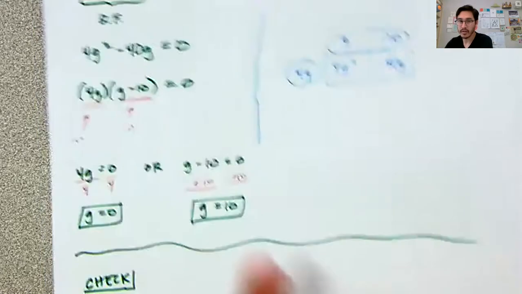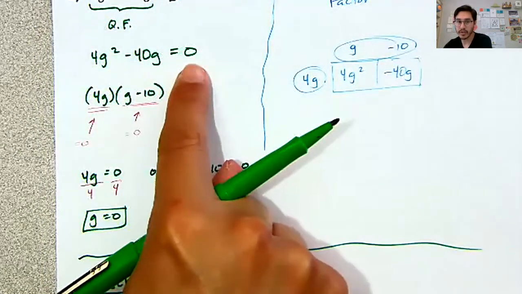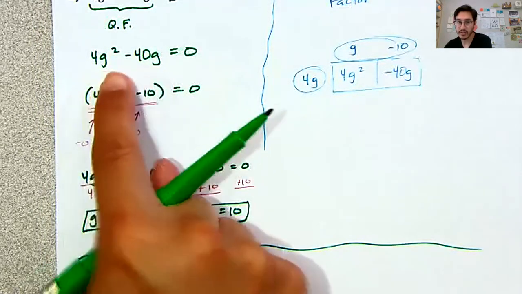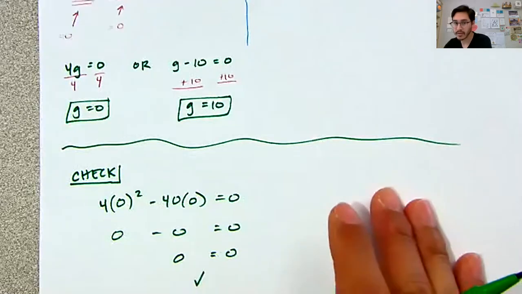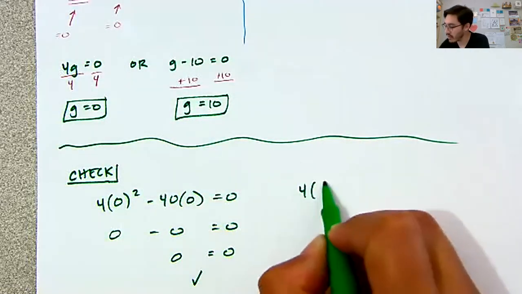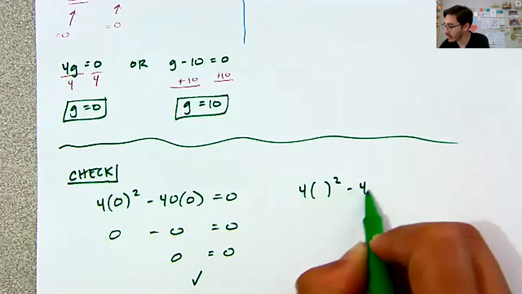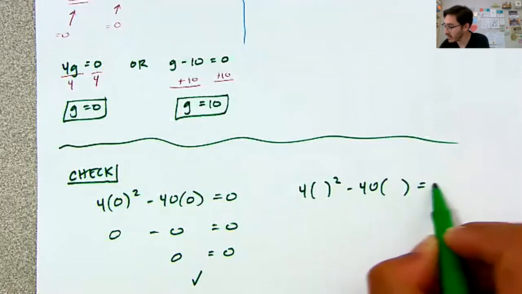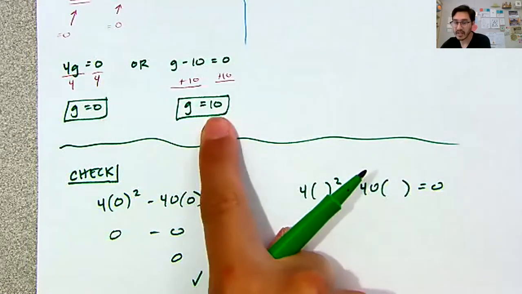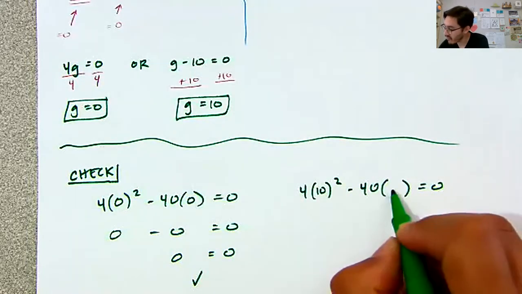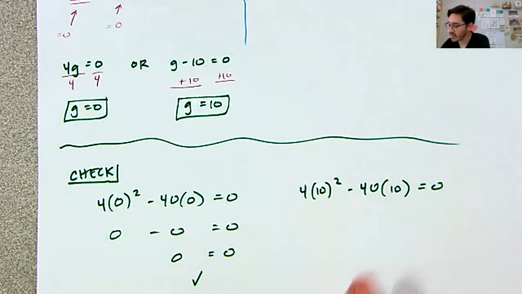So go back to the original equation, and then I'm just going to replace the g's with empty placeholders. So it was 4g squared minus 40g equals 0. And now we'll test out the value 10. 10 squared is 100.